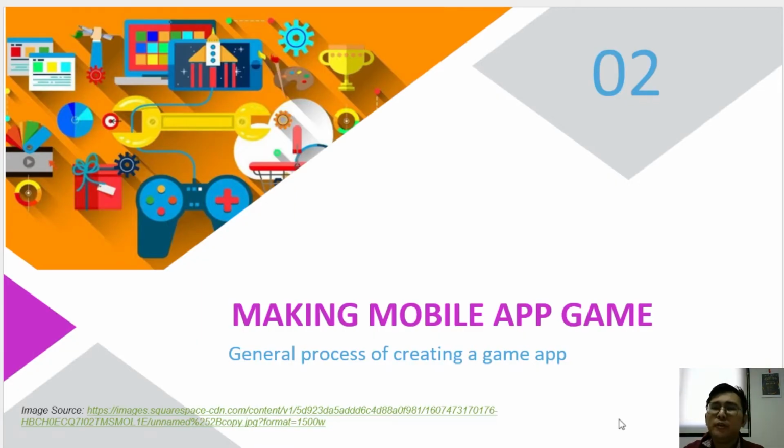Now let's move on to the topic of how to make mobile app games, which could become one of the advantages as we learn how to develop a game. The general process of how we make this mobile game app so it can be played on our smartphones.